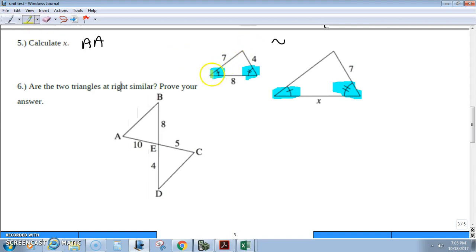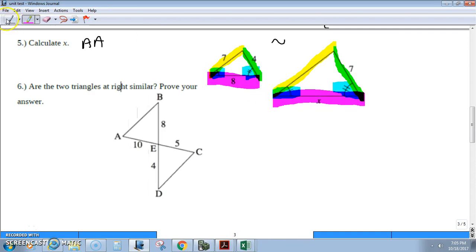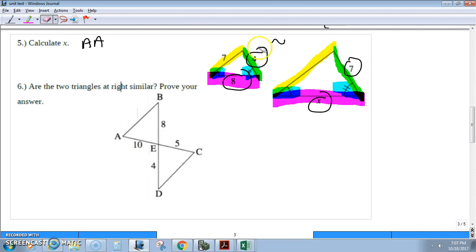I know that this side length, 7, corresponds to this side length. And this side 4 corresponds to this side length. And the side length of 8 corresponds to the side length of x.